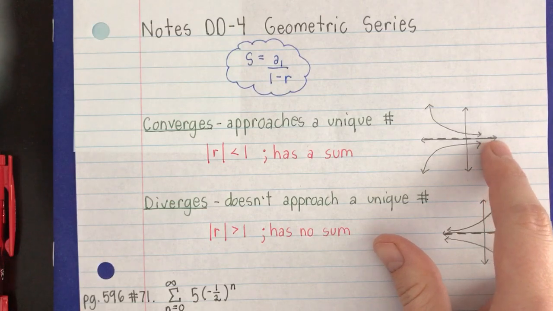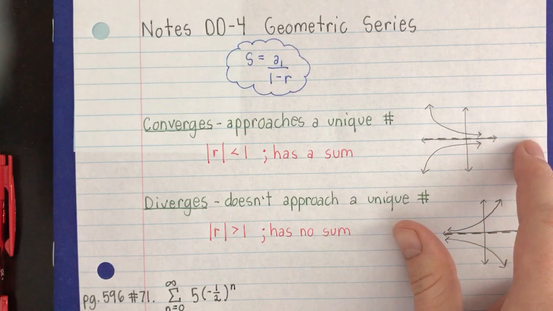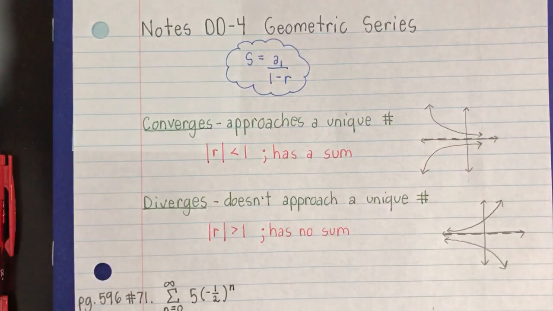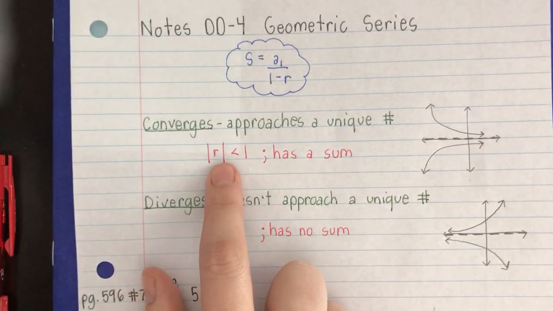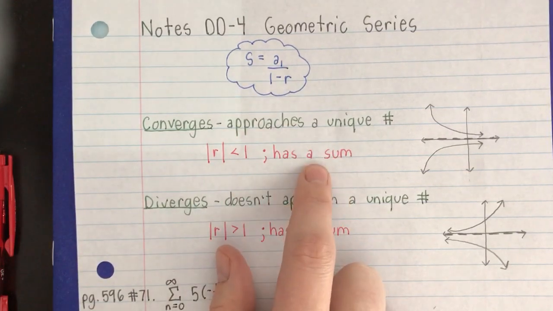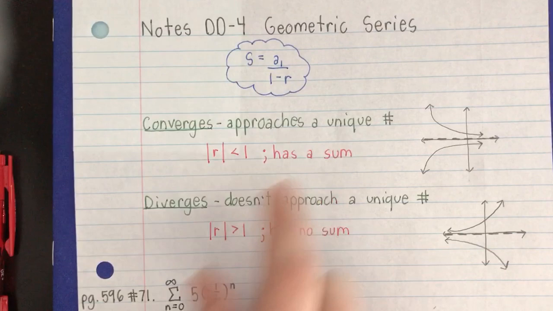They're getting closer and closer to 0 in this case, without ever touching 0. This happens when the absolute value of r is less than 1. Then the series is said to have a sum.